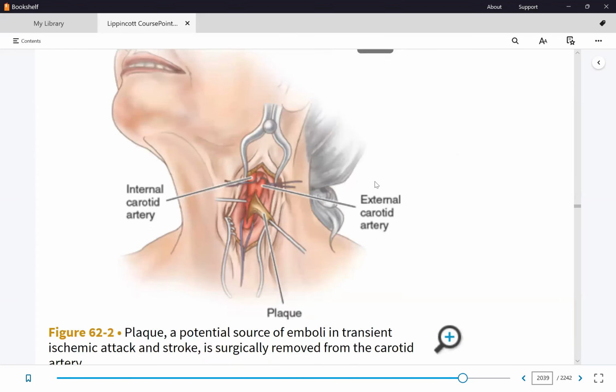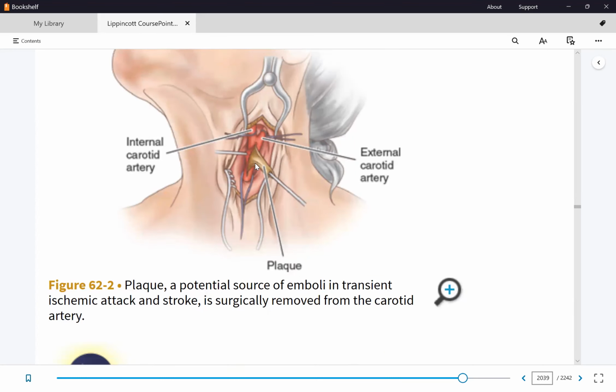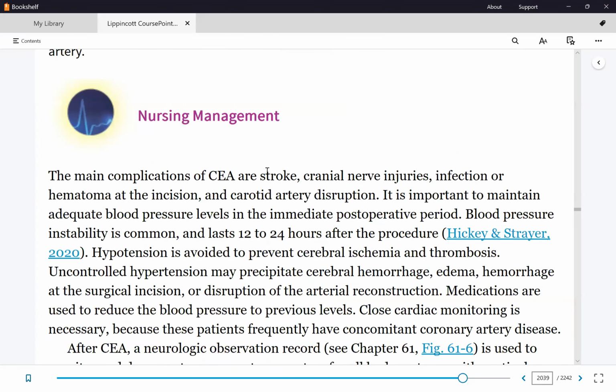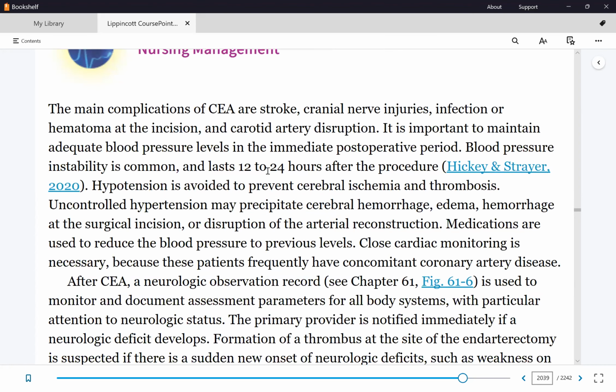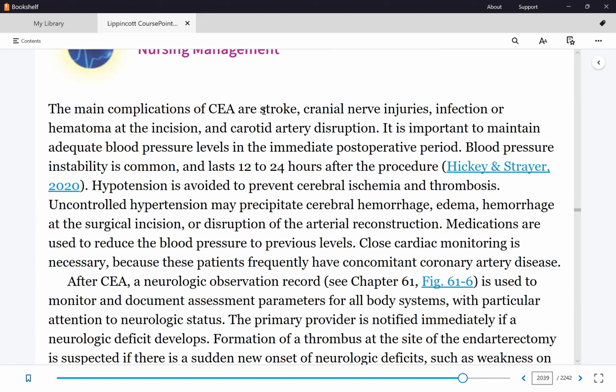Here's the illustration of how we clean the neck. The surgery will be here. They'll open the carotid, take out the plaque, and sew it back up. There are also complications of CEA. You could have another stroke during the procedure because we may dislodge a clot that was already in there, or we could promote a clot because this is an invasive procedure.